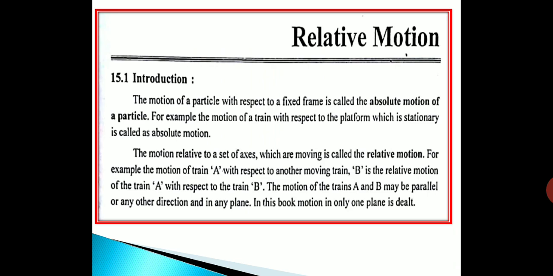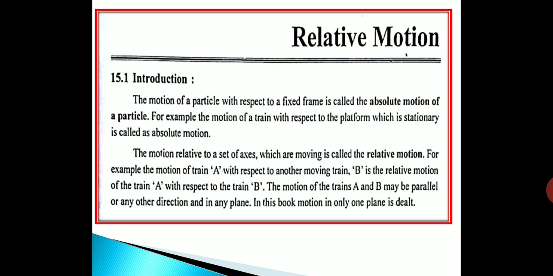So now let's come to the second part, that is relative motion, which is our topic. If we consider a motion of any object or a body with respect to a fixed set of axes, or with respect to another object which is also under motion, we term that as a relative motion.